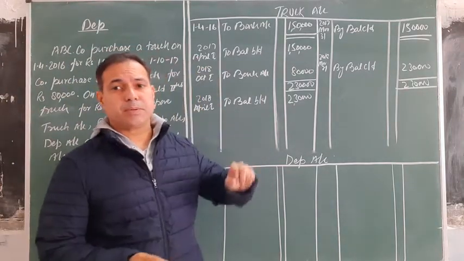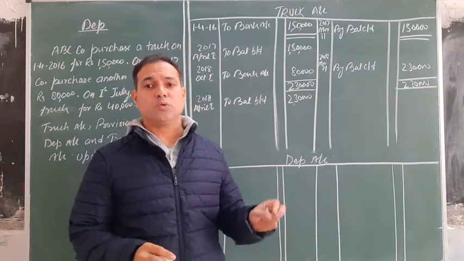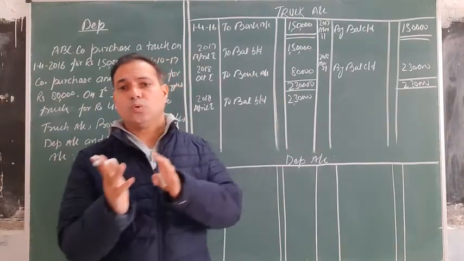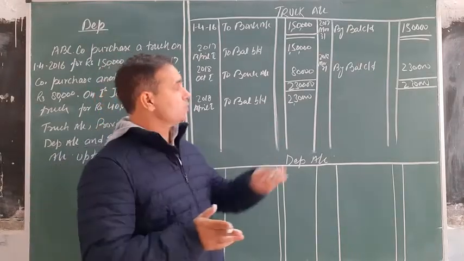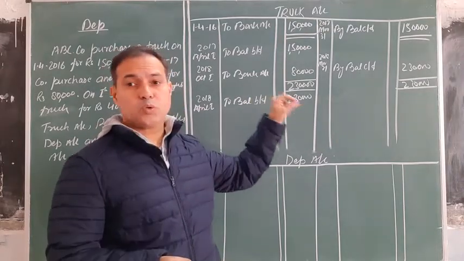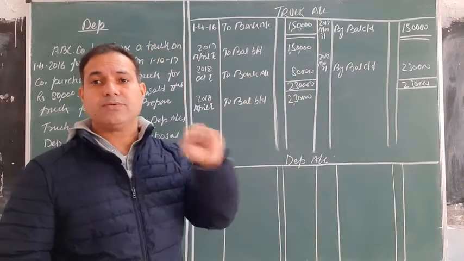So when we are preparing assets disposal account, we transfer machine from machine account to assets disposal account. Here we are preparing truck account, so we will transfer the truck to assets disposal account on the date of the sale.